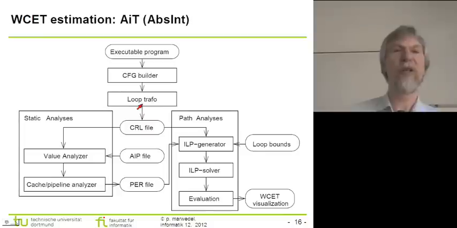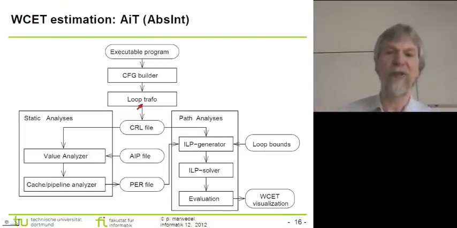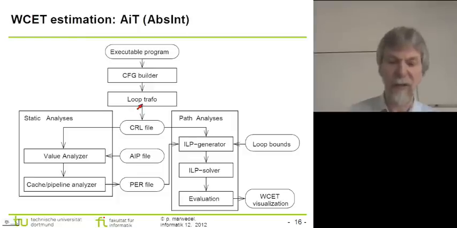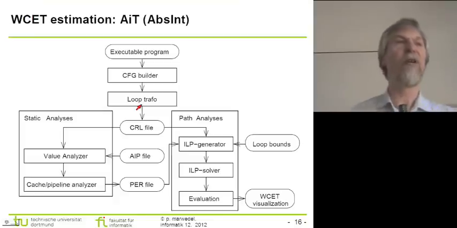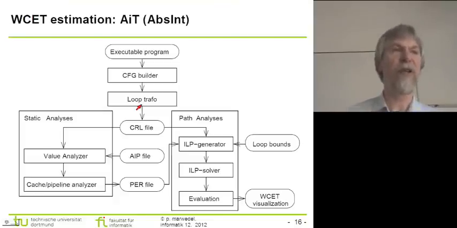So therefore, typically the execution speed of the first iteration of a loop is much less than the other executions of the same loop. So therefore, a limited so-called loop unrolling is performed, which means that we are virtually distinguishing between the first iteration of a loop and all the other iterations.